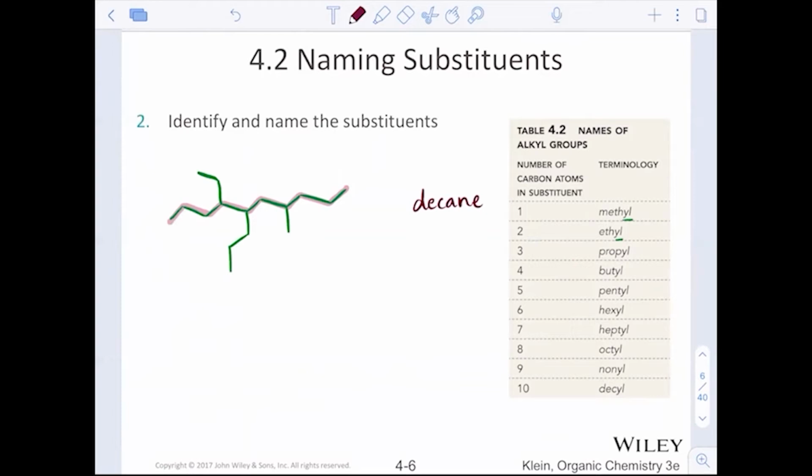That's my parent. Now, naming of the substituents. Naming of substituents is going to be anything else that hasn't been numbered yet, hasn't been highlighted. So we have this group with 2 carbons. We have this group with 3 carbons, and this group with 1 carbon.